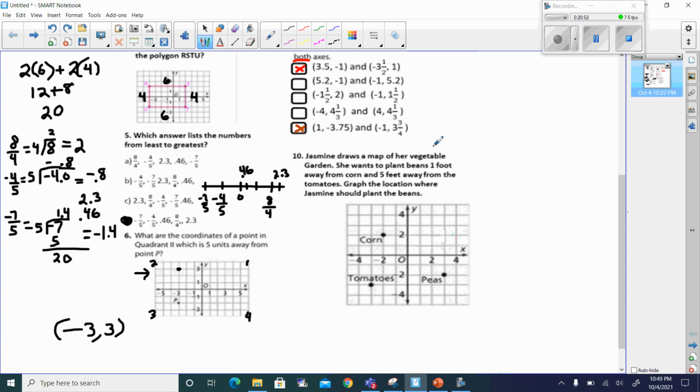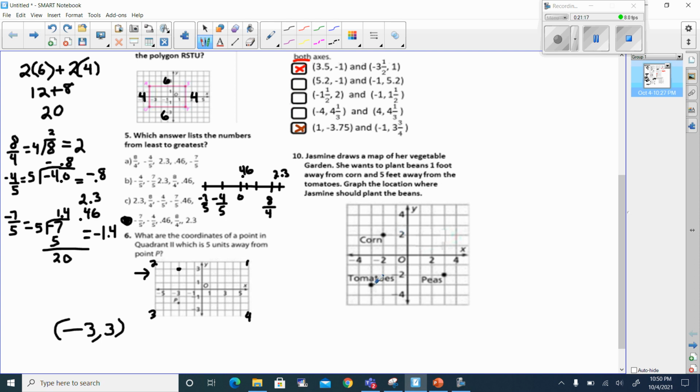And now number 10. Jasmine draws a map of her vegetable garden. She wants to plant beans 1 foot away from the corn and 5 feet away from the tomatoes. Graph the location where Jasmine would plant the beans. Well, if she's doing 1 foot away from the corn, here's the corn. She's either going to be here or here. And it says 5 feet away from the tomatoes.